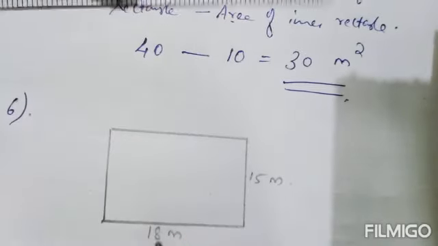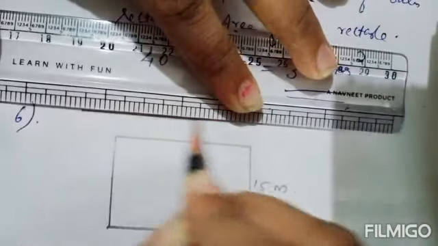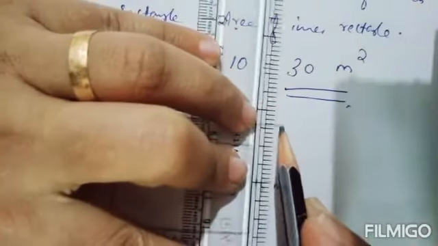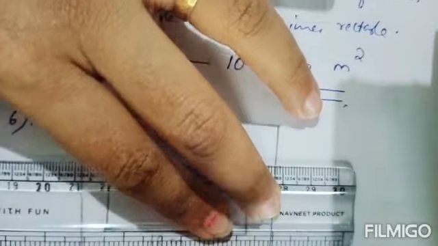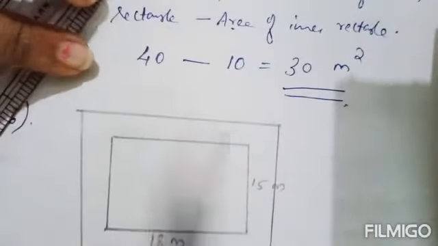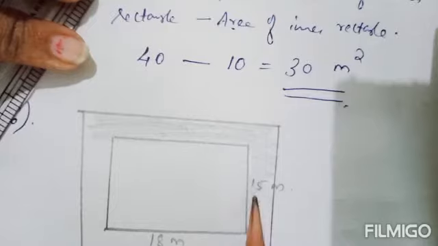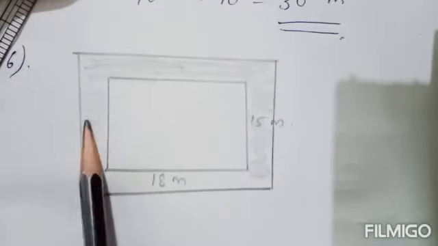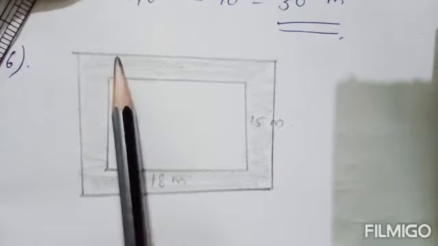It is surrounded by a path of uniform width. So the garden is surrounded by a path. Around this garden you have to construct another rectangle. And this is the path around the garden. You can shade that.